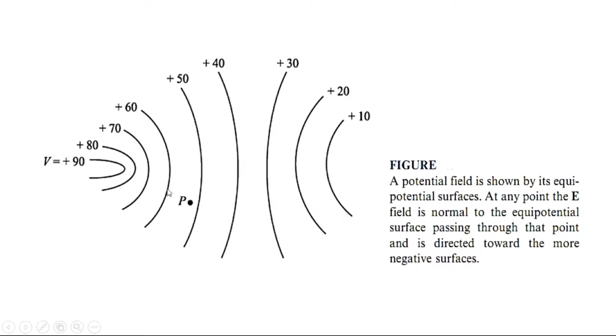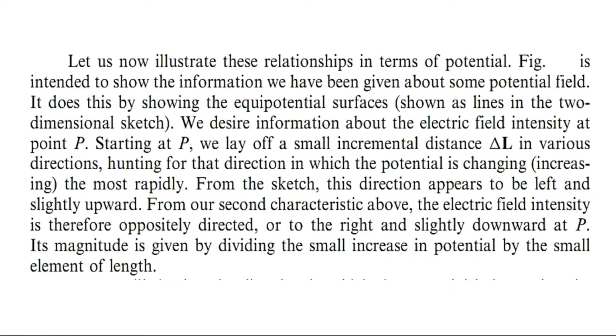So if we make it slightly upward, this will be the direction along which the potential is increasing rapidly. So the electric field intensity will be towards the right and slightly downward. The electric field intensity is therefore oppositely directed, to the right and slightly downward.